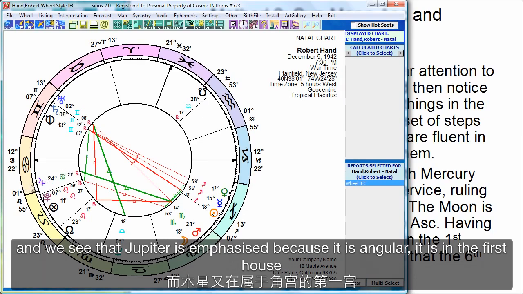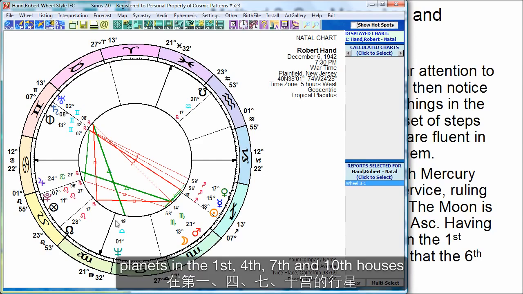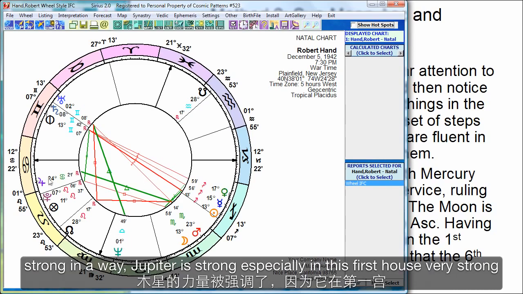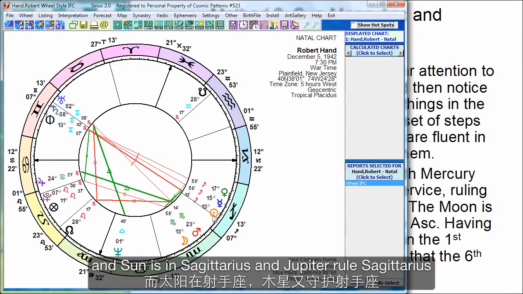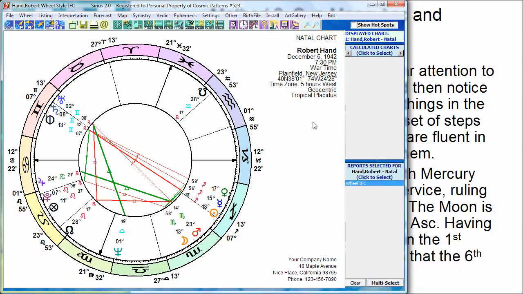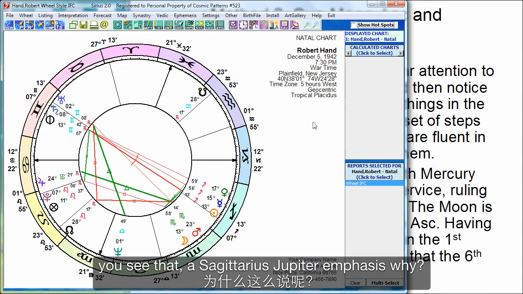It's in the first house. A planet in the first, 4th, 7th, or 10th houses, some astrologers feel is particularly important. So Neptune is strong in a way. Jupiter is strong, especially this first house, very strong. And the Sun is in Sagittarius, and Jupiter rules Sagittarius. So you're getting this Sagittarius-Jupiter emphasis.